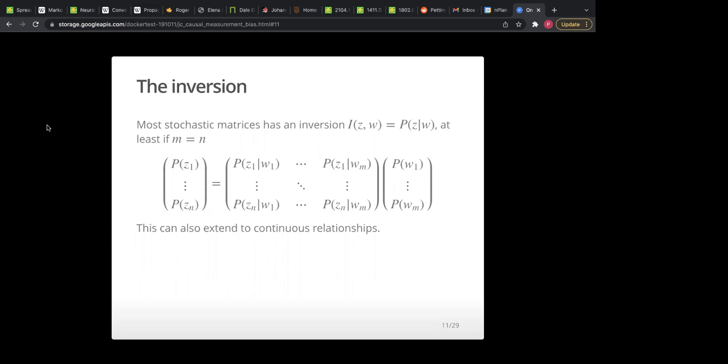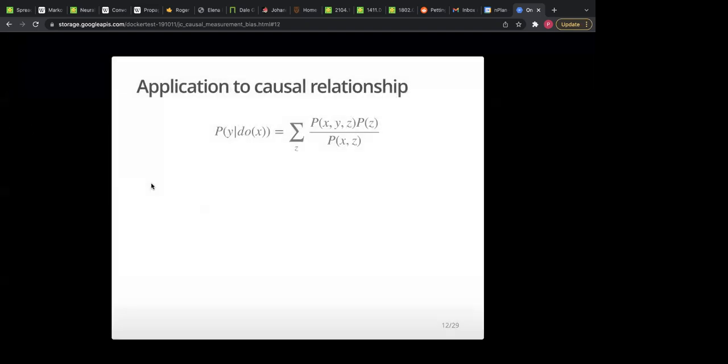If you go to the next slide, actually, this is still the standard derivation, right? So you take the causal equation and you put in the inversions.